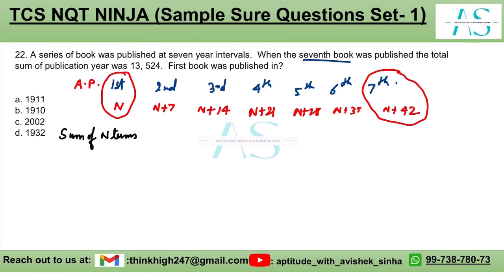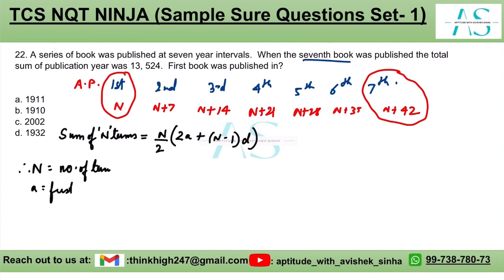It is given by n by 2 into 2a plus n minus 1 into d. Please be very careful. In this formula, n refers to the number of terms, since we are looking at the sum of n terms. a is the first term, and d is the common difference, CD.